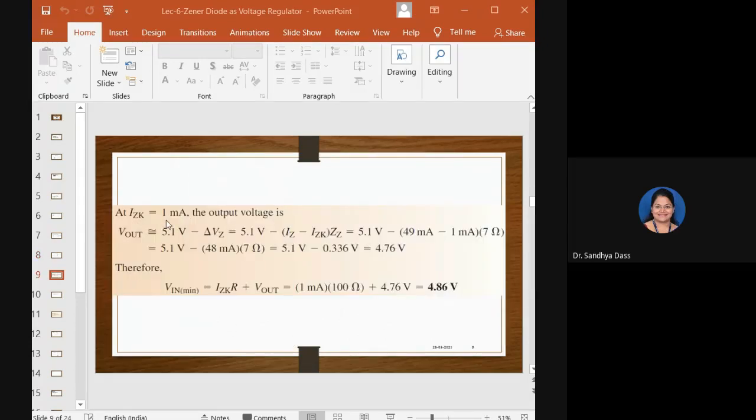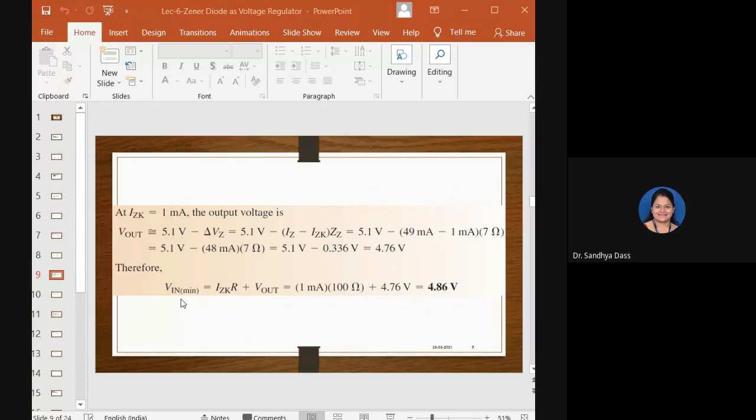For minimum Zener current, the output voltage will be 5.1 volts minus delta Vz, which is 5.1 minus (Iz max minus Iz minimum) into Z, the Zener impedance. Substituting numerically, Iz max is 49 milliamps minus 1 milliamp, into 7. As you simplify, you will get 4.76 volts.